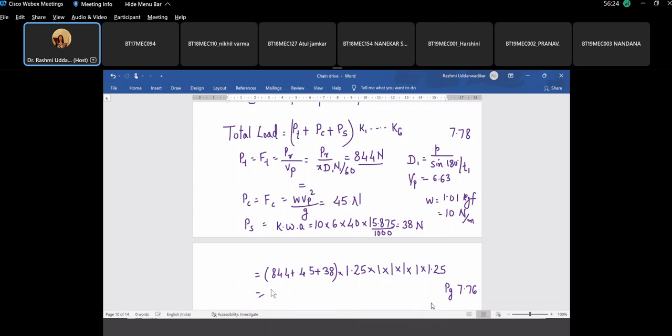Yeah, so now give me what is this total load. This is the total load. Give me the value, please. Is that 1448 Newton?